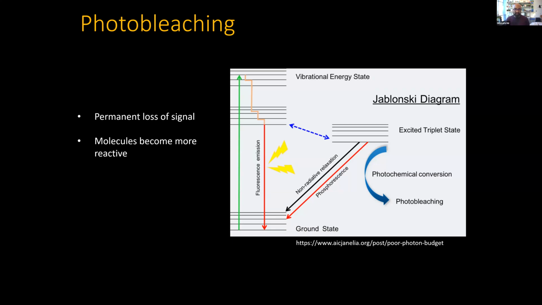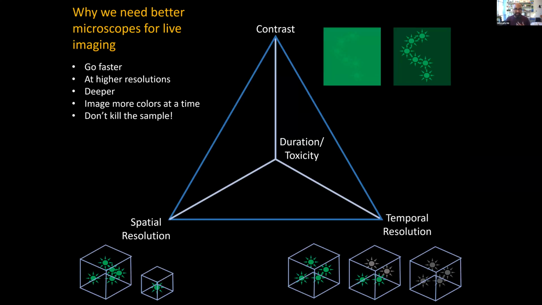So there's a delicate balance in how often you image, so that you can image for long periods of time and also avoid problems with the health of your sample. This is why in my lab, and in many labs now, we are very focused on developing and applying new types of microscopes that provide us access to high resolution data in live samples.